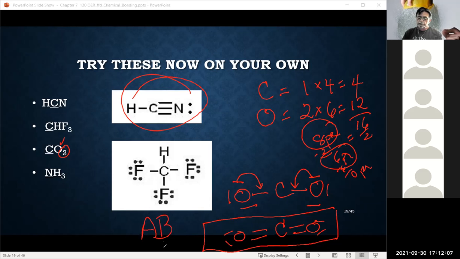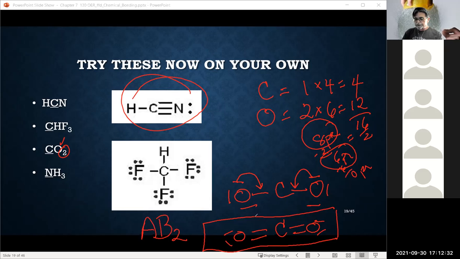What about B? How many B's? 2. It's oxygen, right? And how many E's? None. Right? No lone pair. So our general formula is AB2.